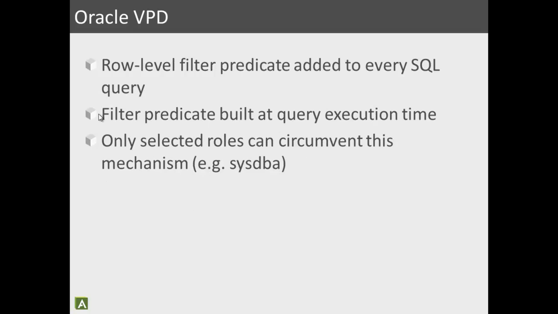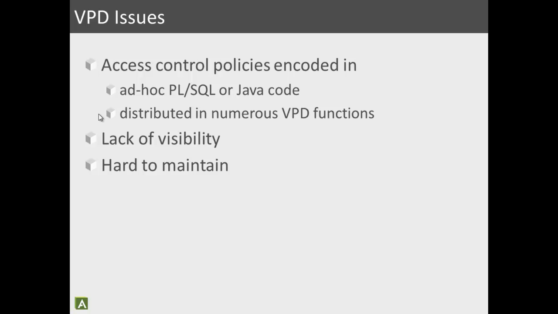With Oracle VPD, one can achieve row-level filtering. The filtering is built at execution time, and VPD allows certain roles to circumvent the authorization mechanism. There are a couple of limitations with the approach taken by Oracle Virtual Private Database.